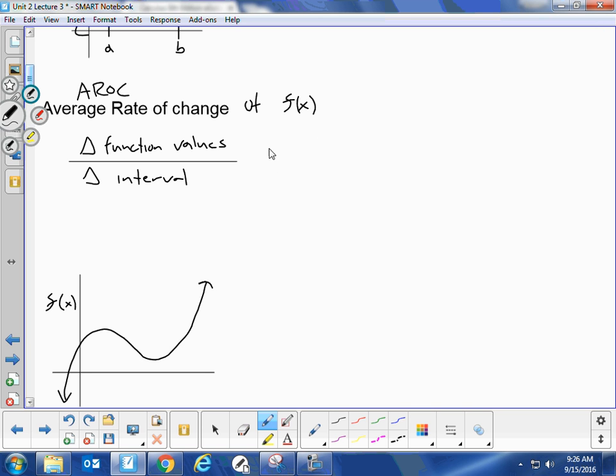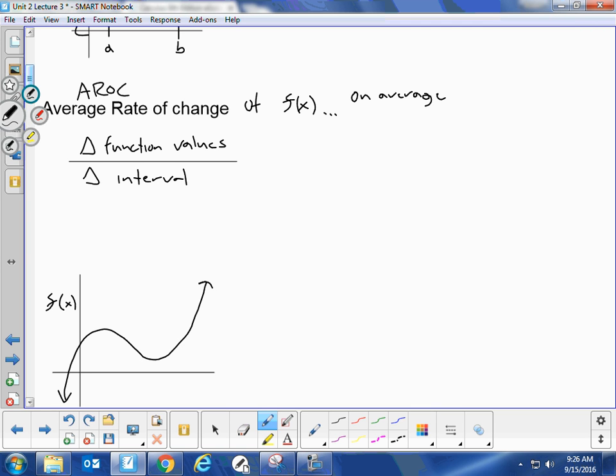It will tell you, on average, how much you're moving, if we're talking about a function, how much we're moving in terms of our y's for every 1 x. So are we going up? Are we going down?